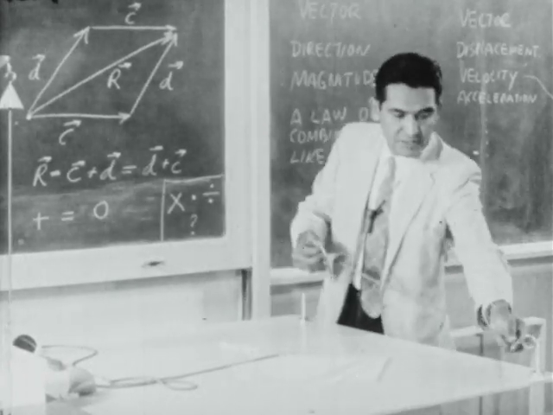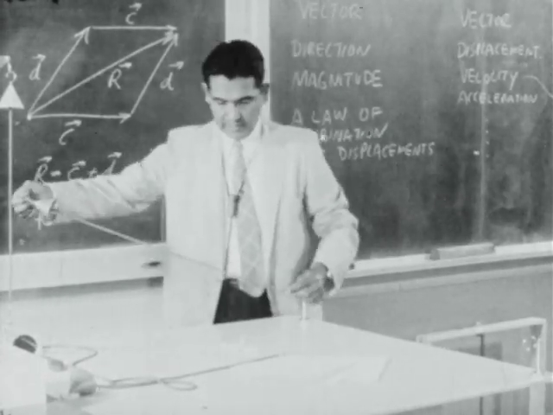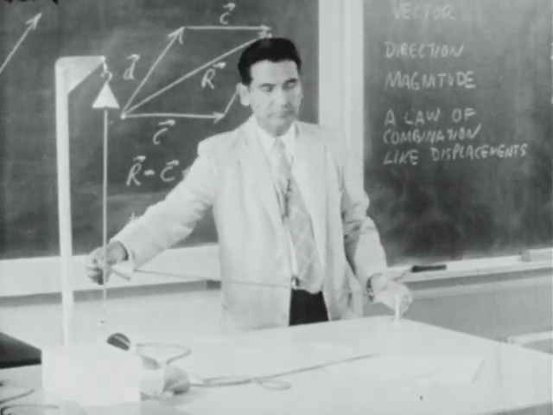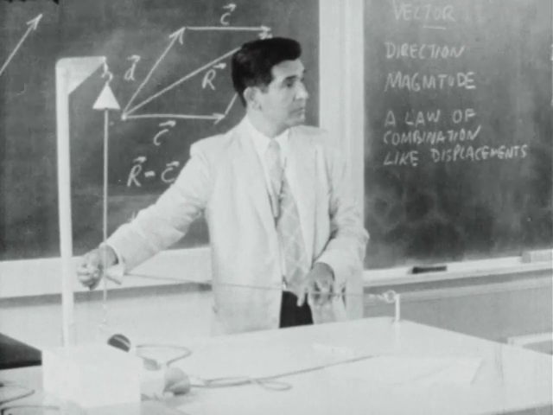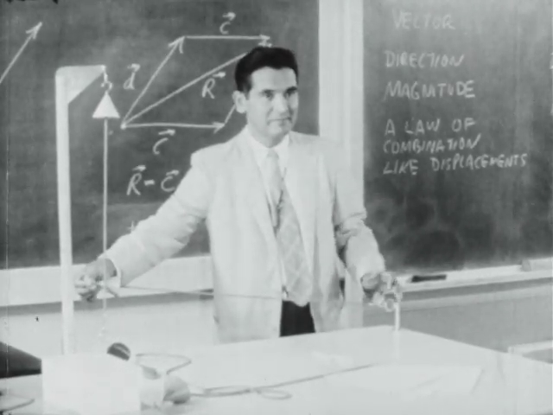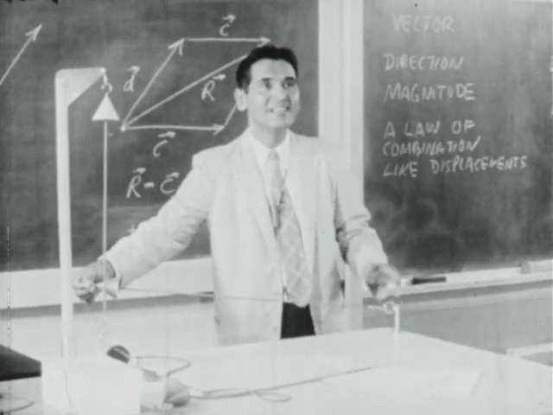Now suppose I consider a vector like this one and call it the vector B. If this is the vector B, what shall be the meaning of minus B? Any ideas? Yes. The same thing going in the opposite direction?